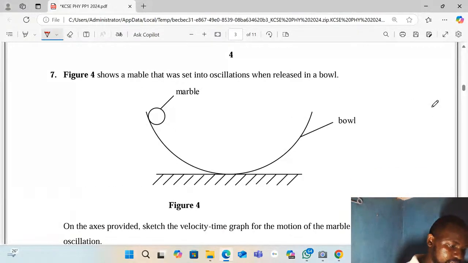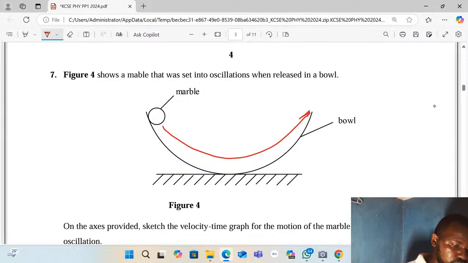We are having question 7. It shows a marble that was set into oscillations when it was released in a ball. Therefore, we expect this one to move forward, then backwards, like that.